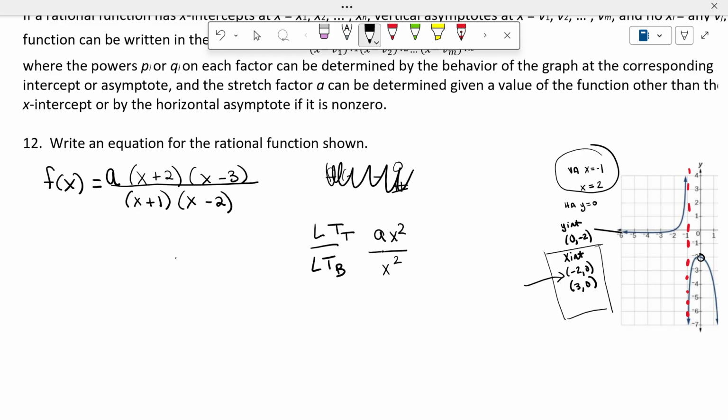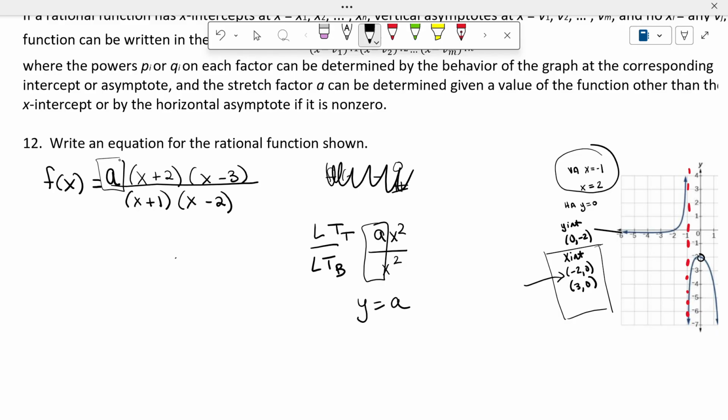Remember horizontal asymptote when we had that conversation? If you need to go back to the previous video, do that. If the degrees are the same, top and bottom, then the horizontal asymptote would be whatever the coefficients are. But ours is a 0, and I can't start with a 0 in front of this.